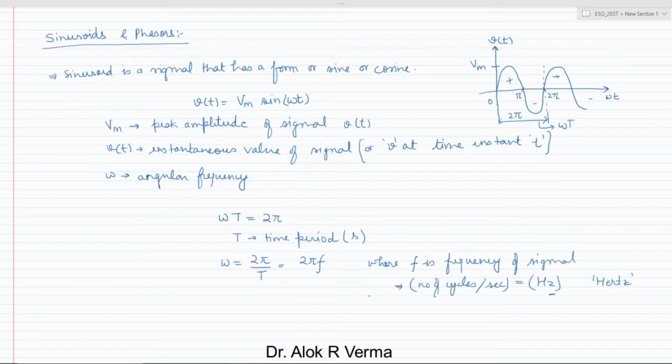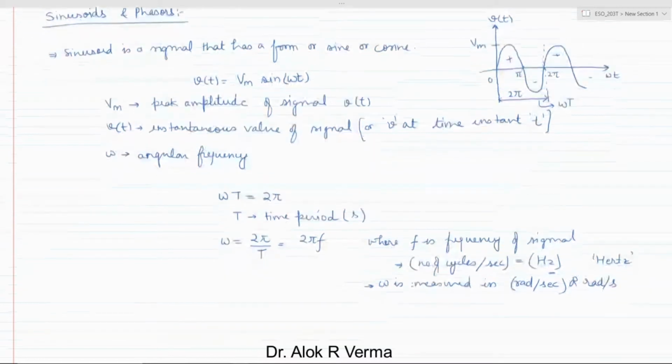And the unit for omega is radian per second. So these are the values which are measured and the different quantities which are associated with these sinusoids.